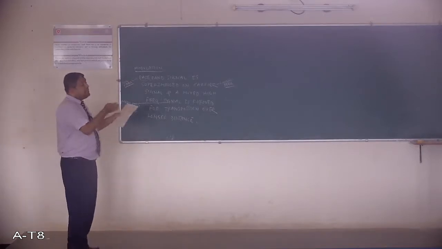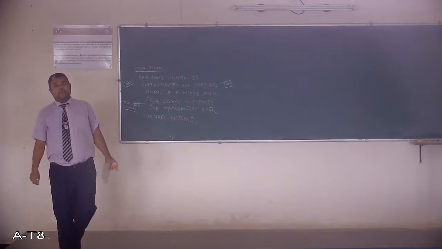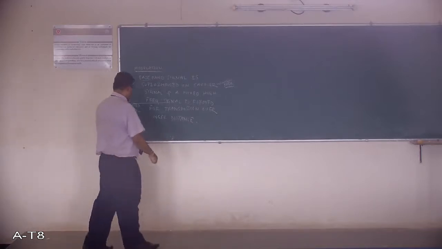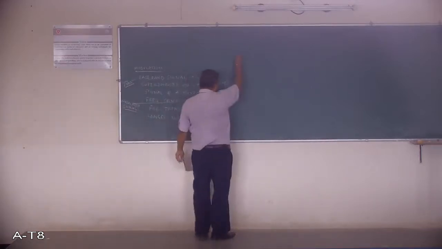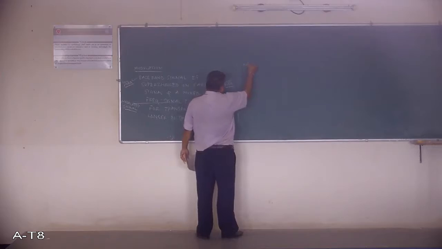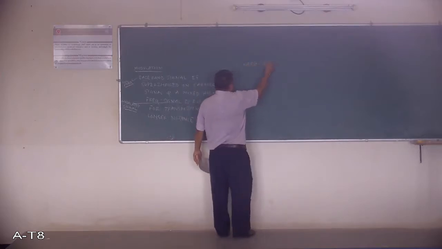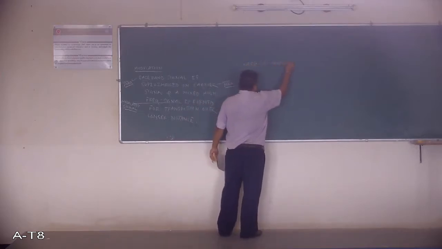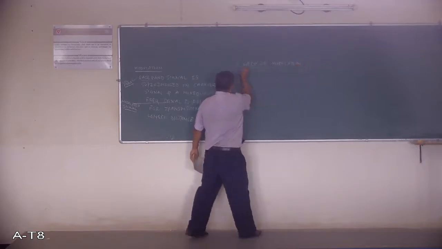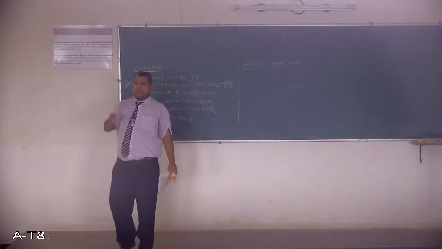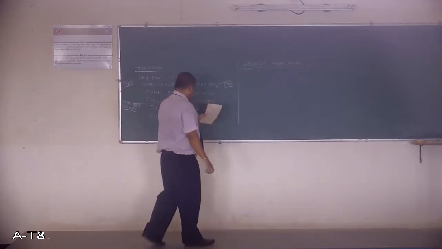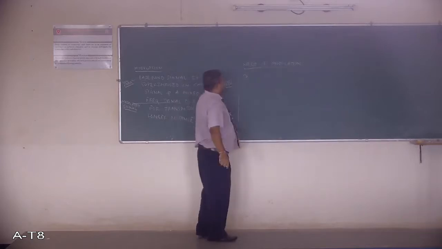But if you mix it with a high frequency carrier, then it can travel a longer distance. What is the need of modulation? It is already explained. Let us see the points in a categorical fashion.